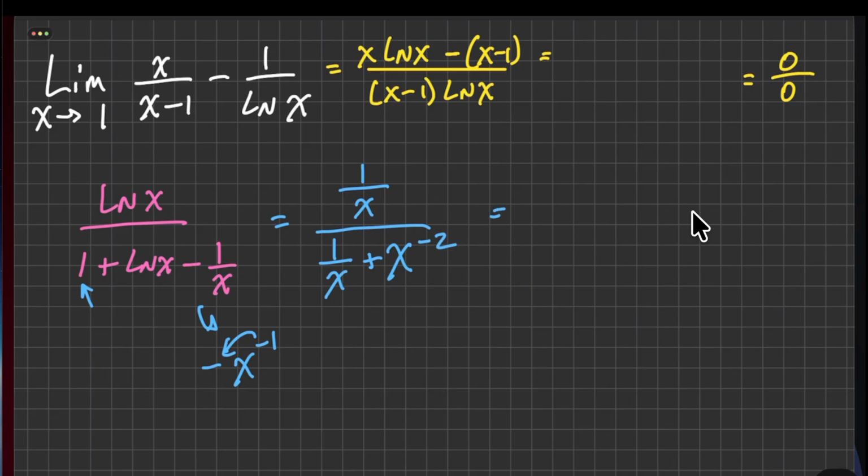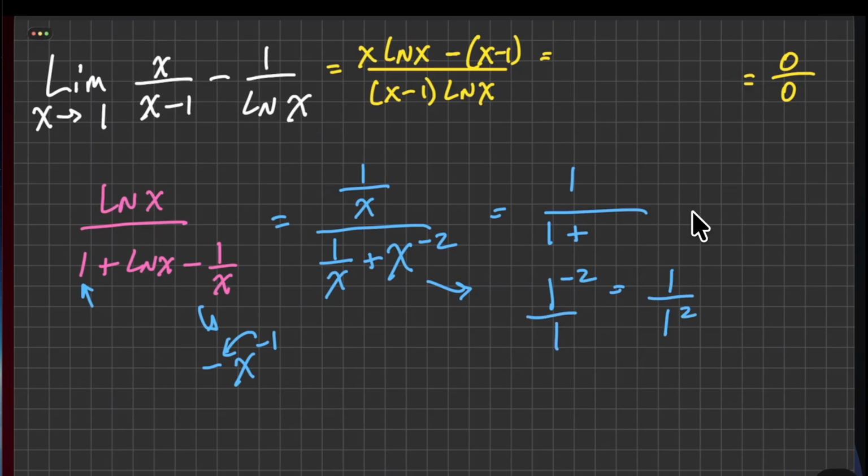Okay, so now if we try to insert 1 here, we're going to have 1 over 1, which is 1, plus 1 to the negative second power. 1 to any power, folks, is 1. So even if we have 1 to the minus second power, that's going to be 1 over 1 squared. We're still going to get 1. So our final limit here is going to be 1/2.